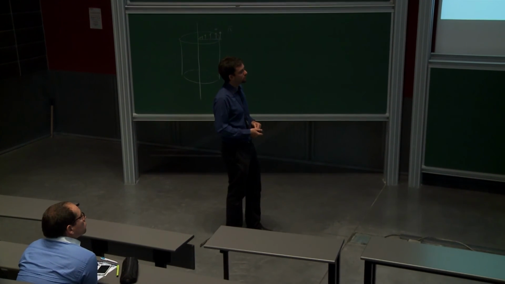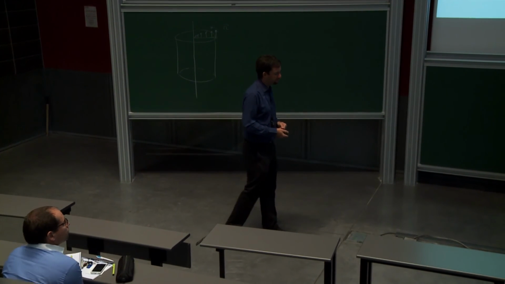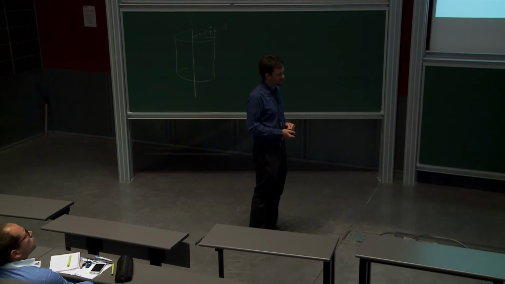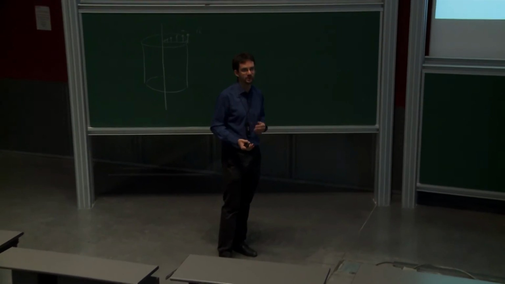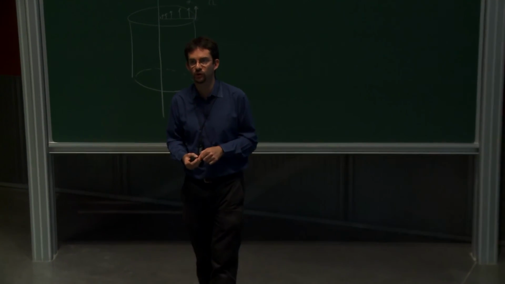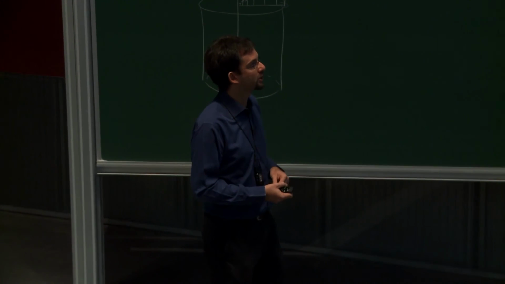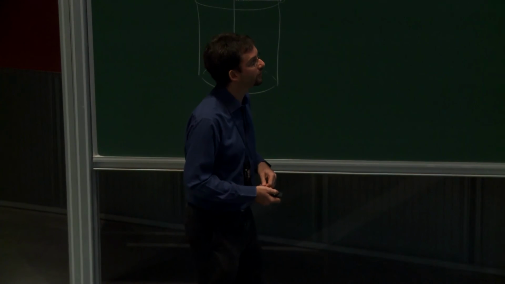And the way to do this depends on the system you're looking at and the problem you're looking at, but also it's a matter of choice because you have several strategies to do this.